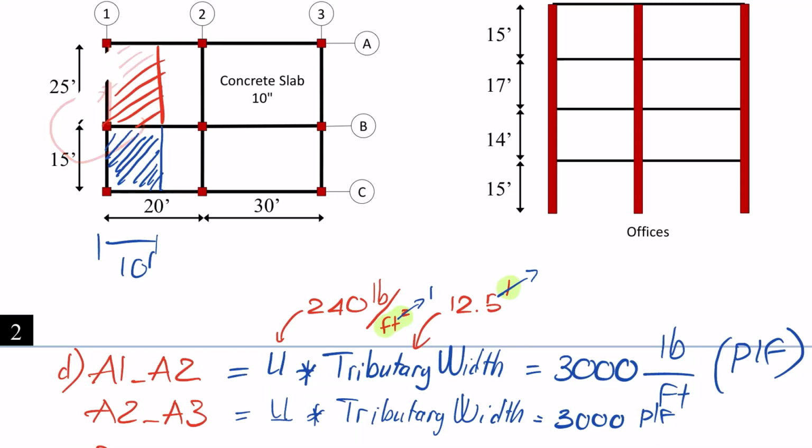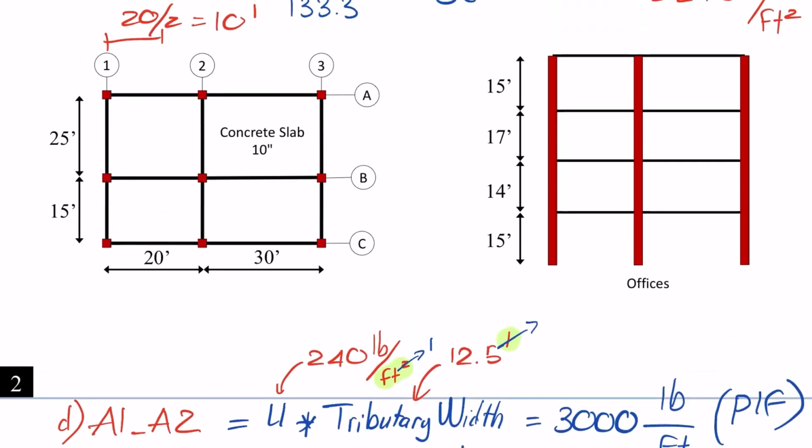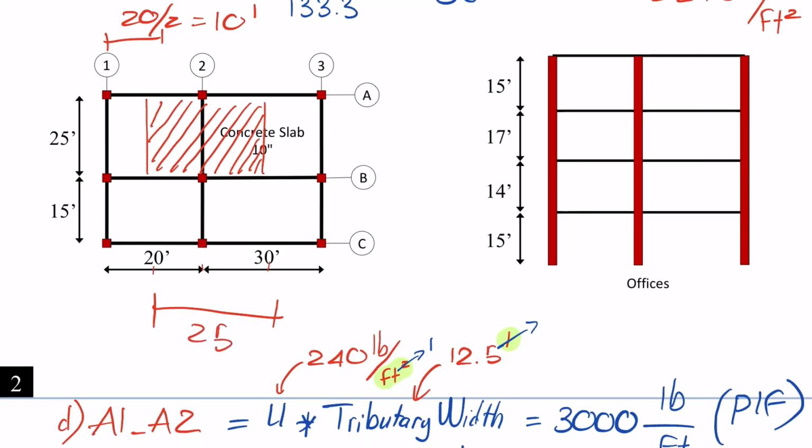Okay, next one is A2 B2. A2 B2, we have the tributary area is this. So the width of the tributary area is this one, a half of this one is 10, a half of this one is 15, will be 25 feet.